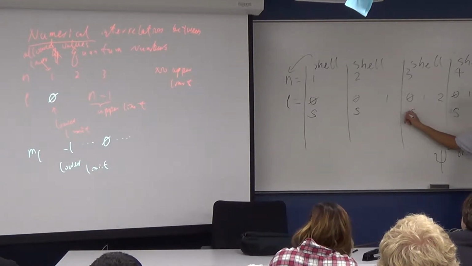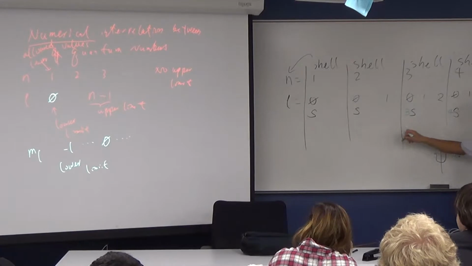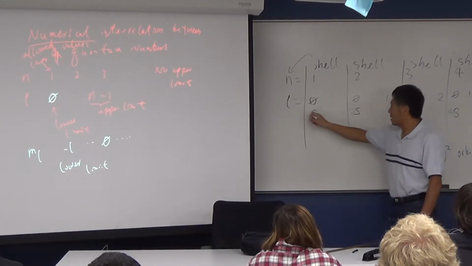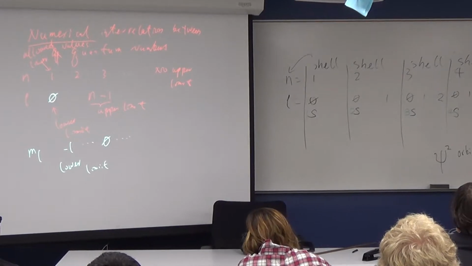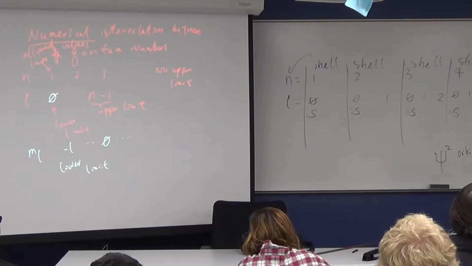This becomes 3S. This becomes 2S. That becomes 1S. And so now this will be completely understandable. That means 4S together precisely is a subshell.